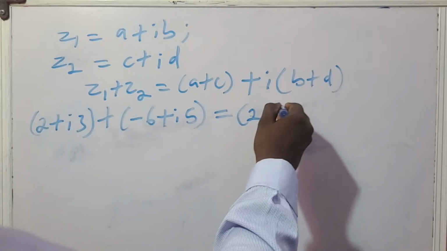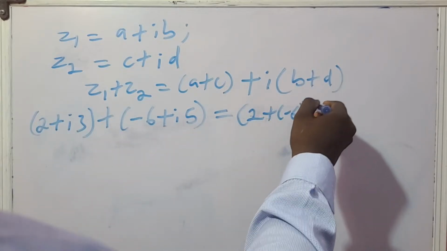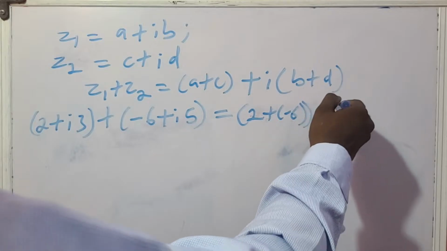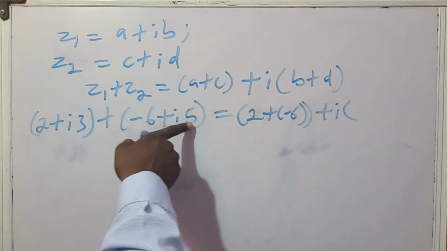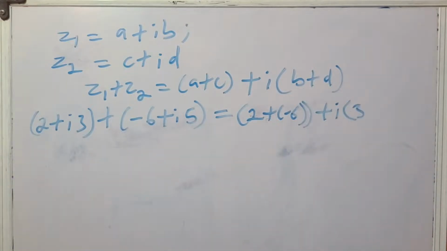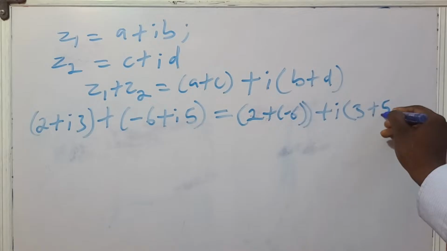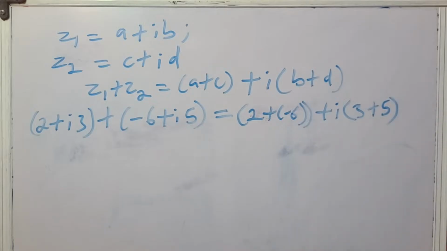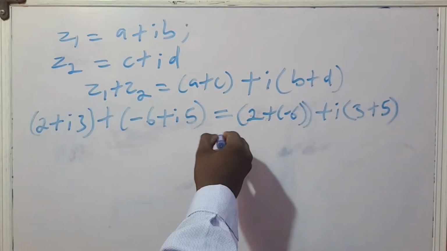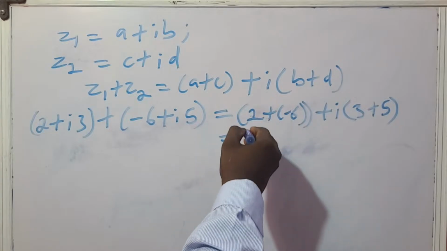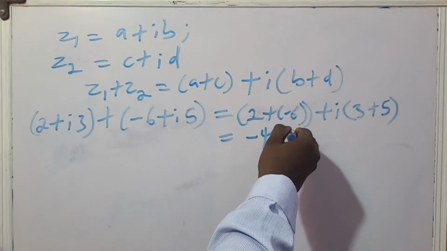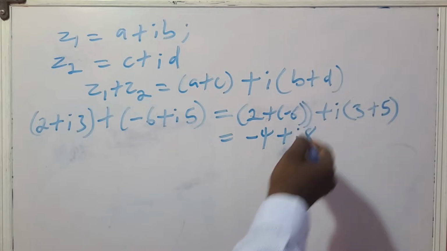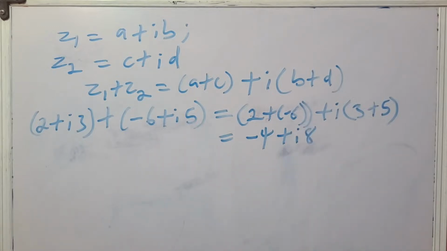And then you add the imaginary side. That will be 3 plus 5. So this will finally give you minus 4, because 2 minus 6 is minus 4, plus i8. So this is just the basics of addition of complex numbers.